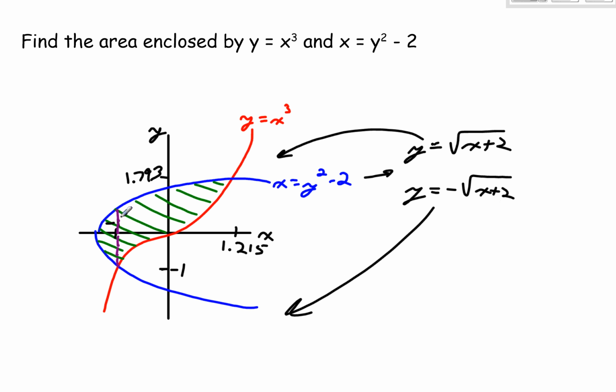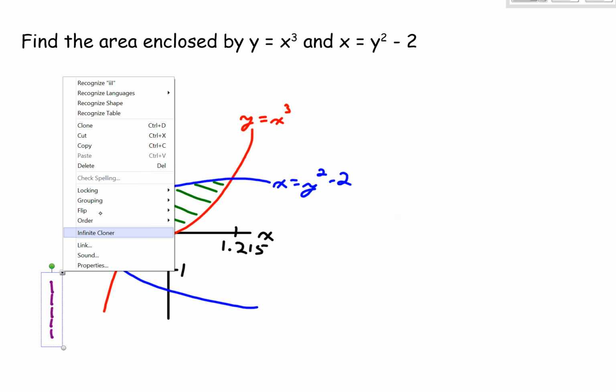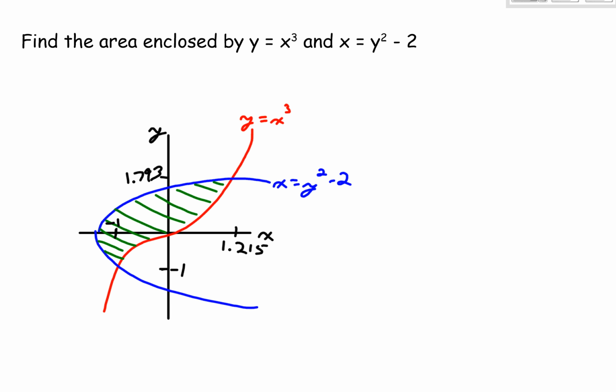And then from negative 1 to 1.215, it would be the positive square root minus x cubed. And that's possible. It does require two square roots, however. And so we tend to, if we can, figure out a way to avoid that. Not always possible, but we try. But it is a perfectly okay way to do it.